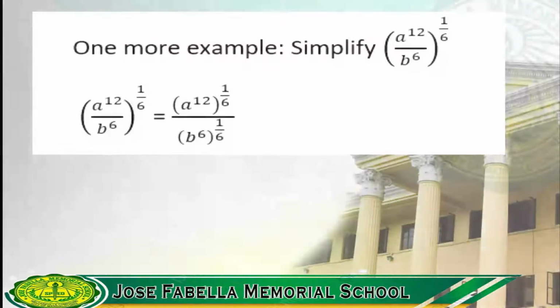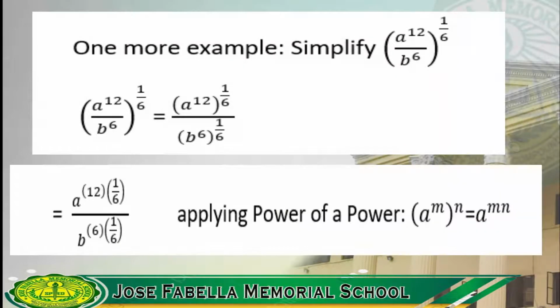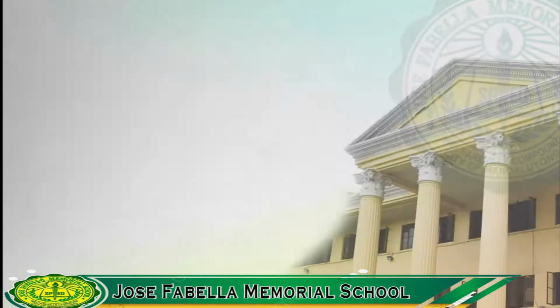Applying power of a power, a raised to m raised to n equals a raised to m times n. So we have a raised to 12 times 1 over 6 over b raised to 6 times 1 over 6.